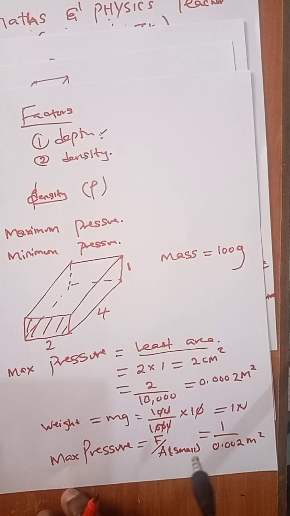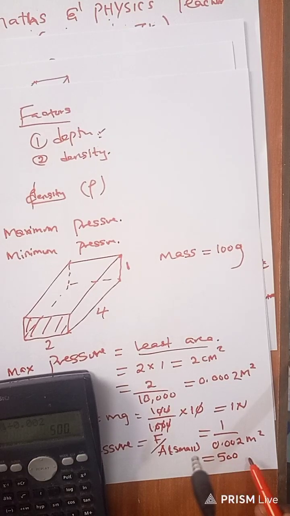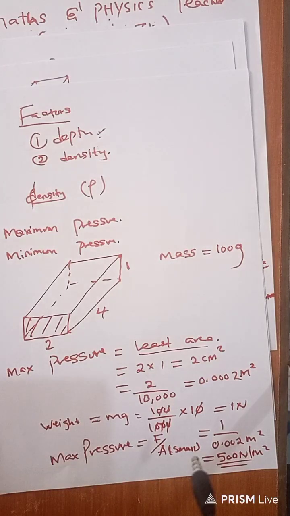On feeding that on your calculator, 1 divided by 0.002, we are going to get 500 Newton per meter squared. So this will be the maximum pressure exerted by the solid here with its least area.